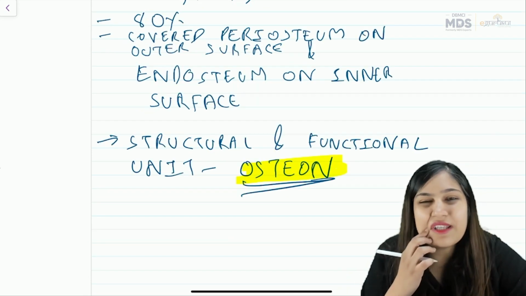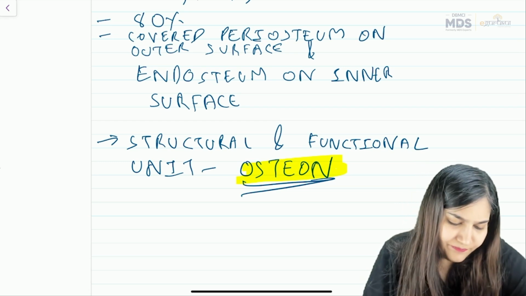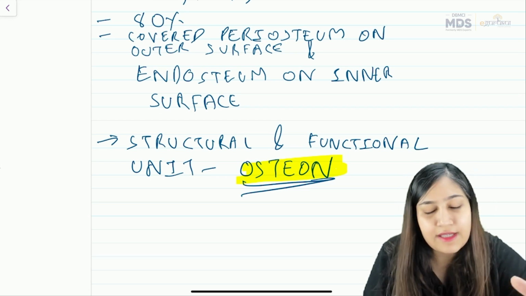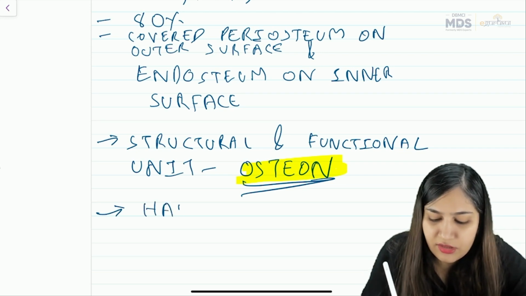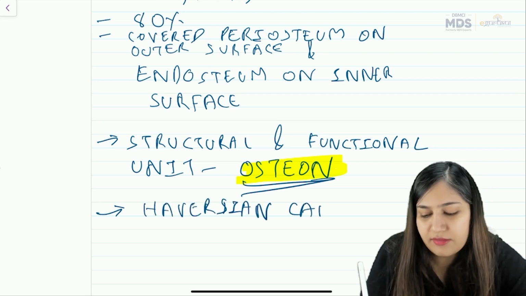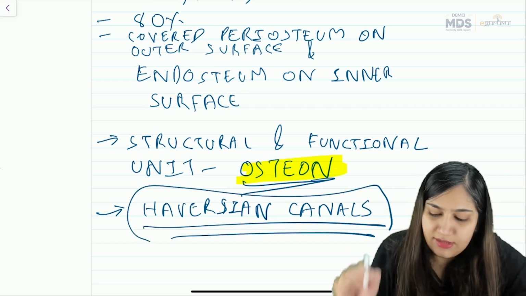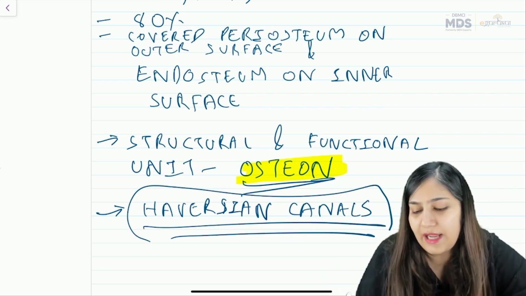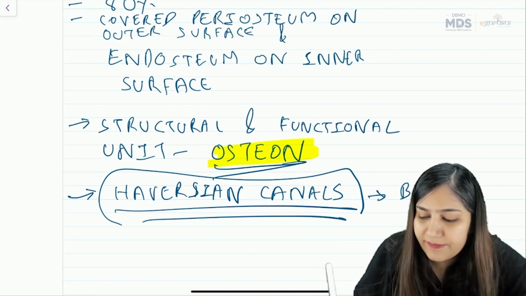In the center of this, we have Haversian canals, which consist of blood vessels, nerves, lymphatic vessels. What are Haversian canals? They are present at the center and consist of blood vessels, nerves, lymphatic vessels.